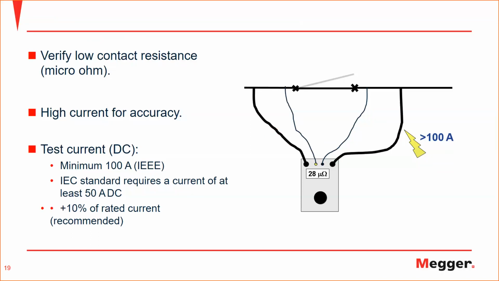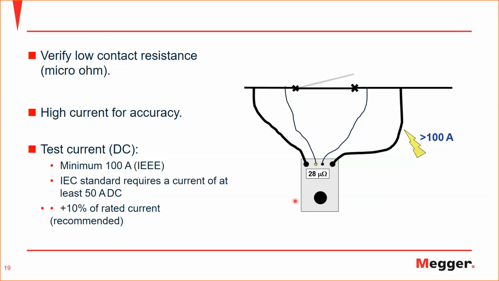Now, in these cases, the contact resistance itself is very, very low. It is in the single digit range, 1, 2, 3 micro ohm. So injecting 100 or 200 ampere will not be enough. You need to inject very high current, let's say 500, even 600 ampere, to test these conditions and get an accurate result.